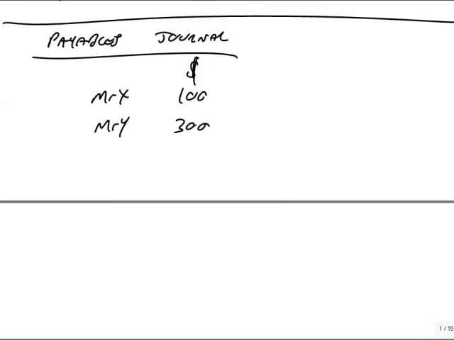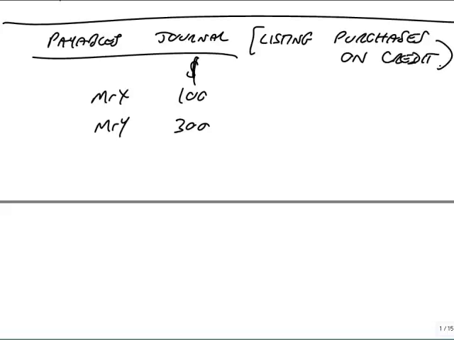All we're doing in the Payables Journal, you are listing purchases on credit. That's all. Every time you buy on credit, it will simply be listed in that book. You clear?